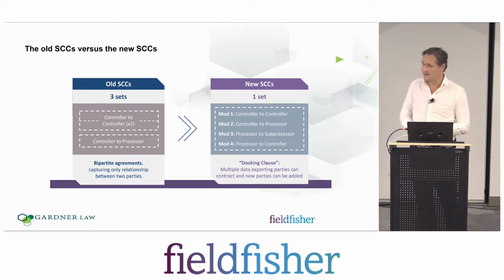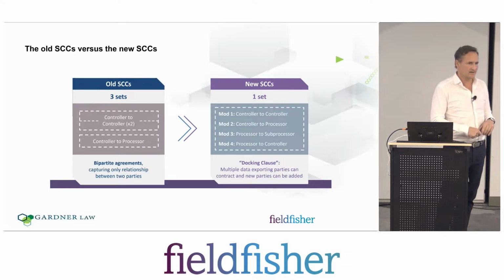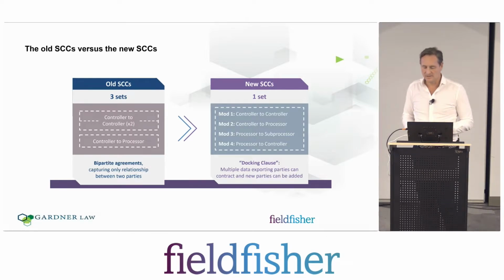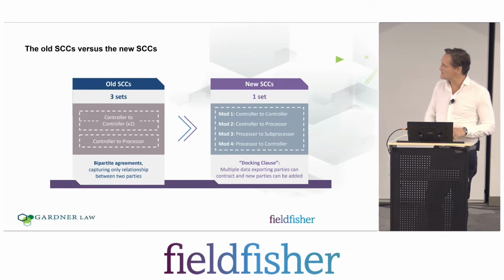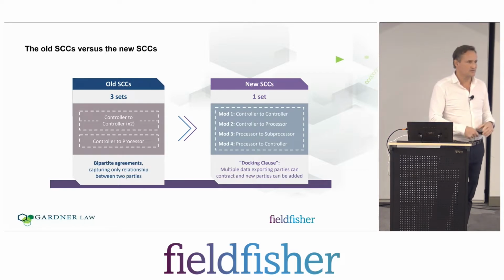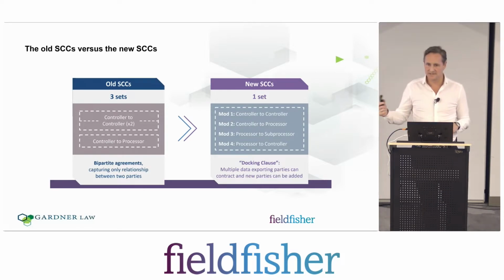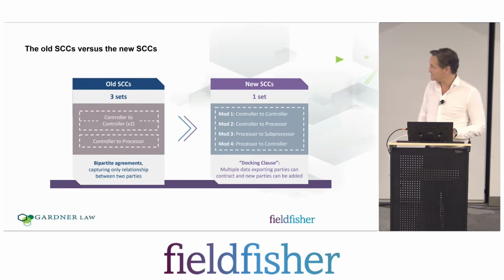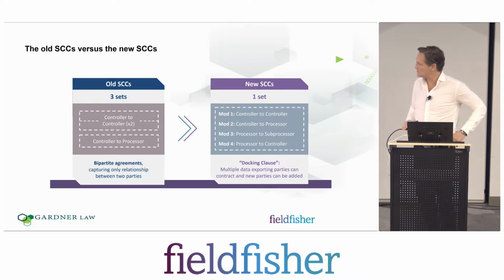Depending on the roles of the parties that are exchanging data, you can pick the relevant modules, plus certain clauses that you will or will not use, and all that can be composed into one set that fits your individual needs for the specific data transfer between two or more entities. Two or more is a very important buzzword here.